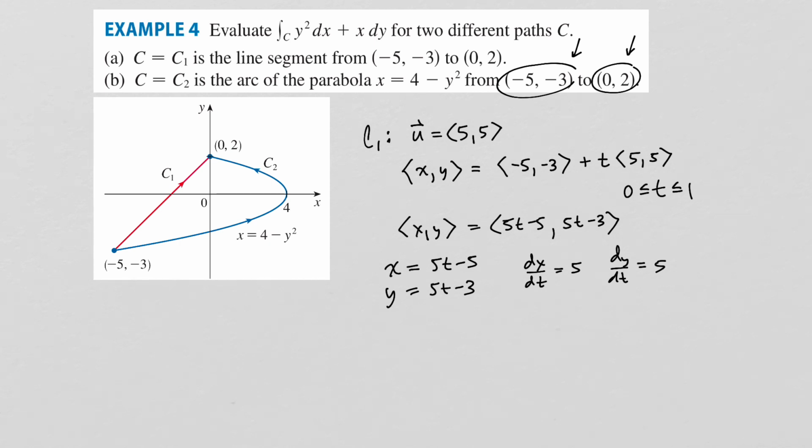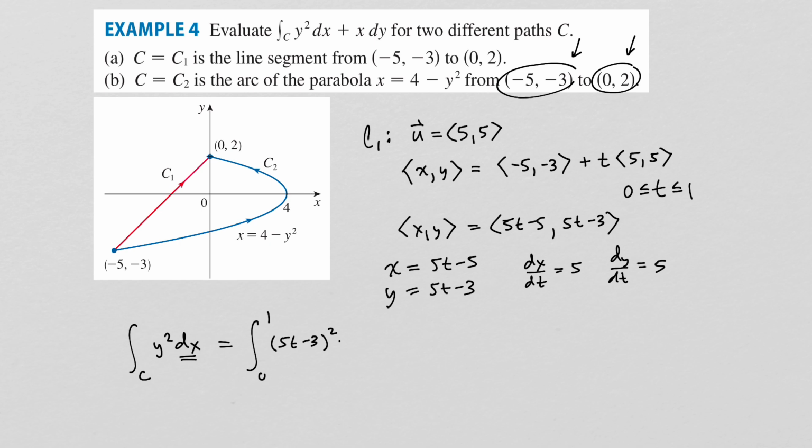I'm computing these because we need these for each of the respective integrals. So the first one, the integral along the curve of y squared dx, is going to be the integral from 0 to 1 of y squared, which is (5t minus 3) squared. And then we have to multiply by dx.